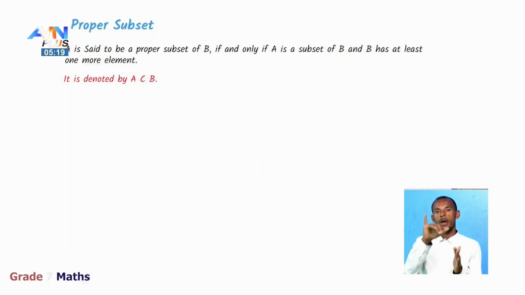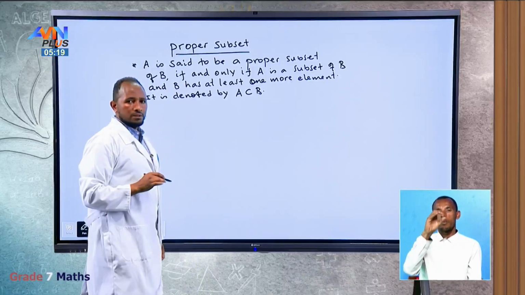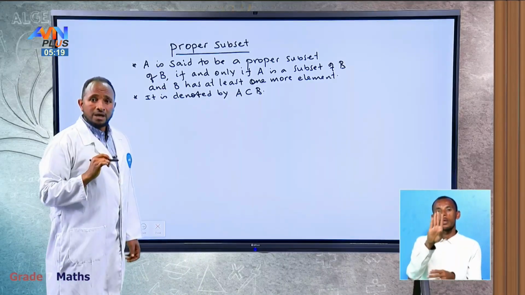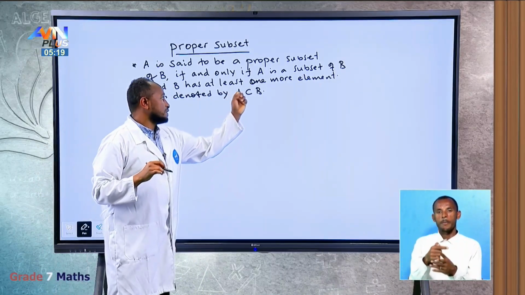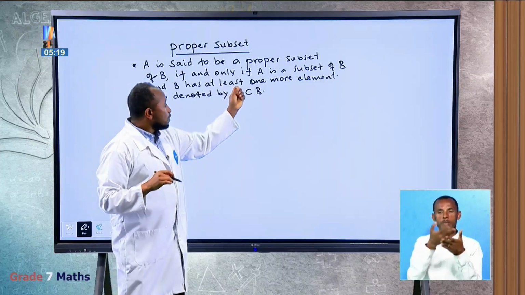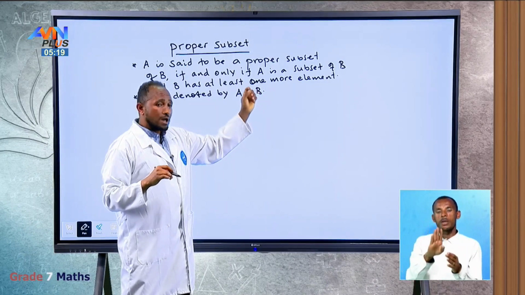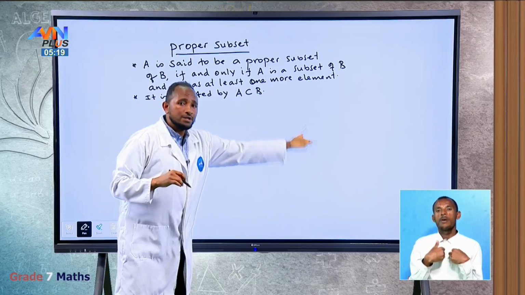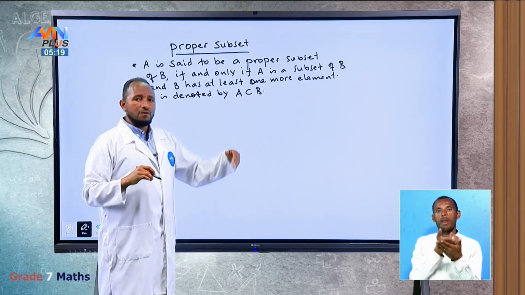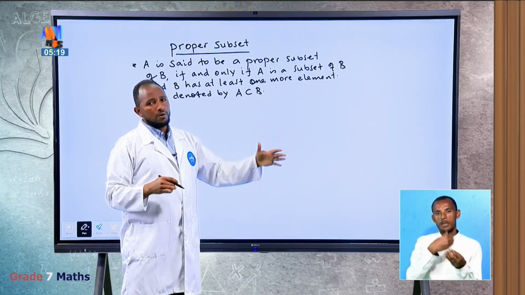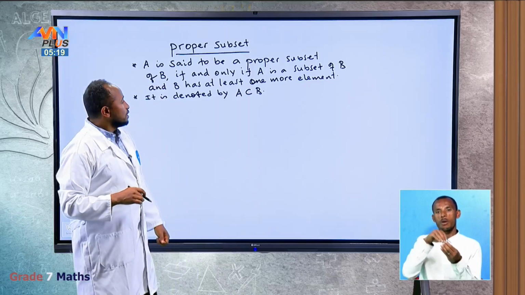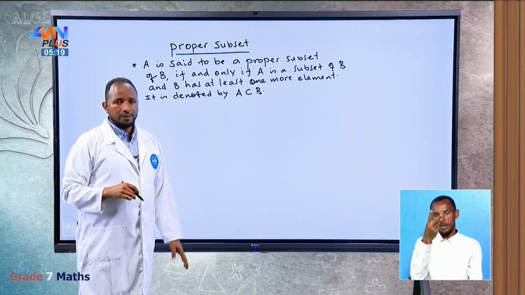So the meaning of this statement is all elements of A are found in B, and B must have at least one additional element. It may have one additional or two or more. That's the meaning. We'll see this concept through example.